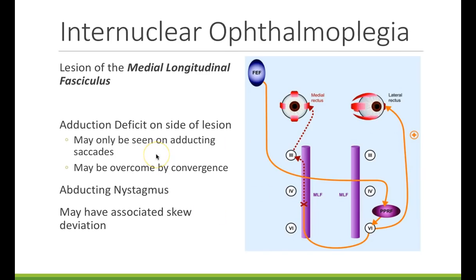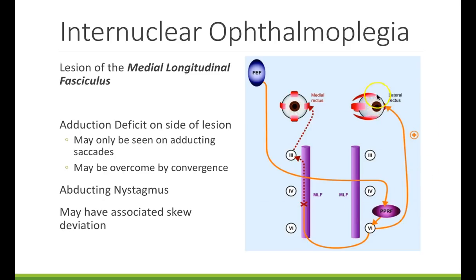If there is a lesion of the medial longitudinal fasciculus, there will be an adduction deficit on the side of the lesion. So what will happen is the frontal eye fields send their information to the PPRF. The information easily goes to the lateral rectus because the sixth nerve nucleus is intact.